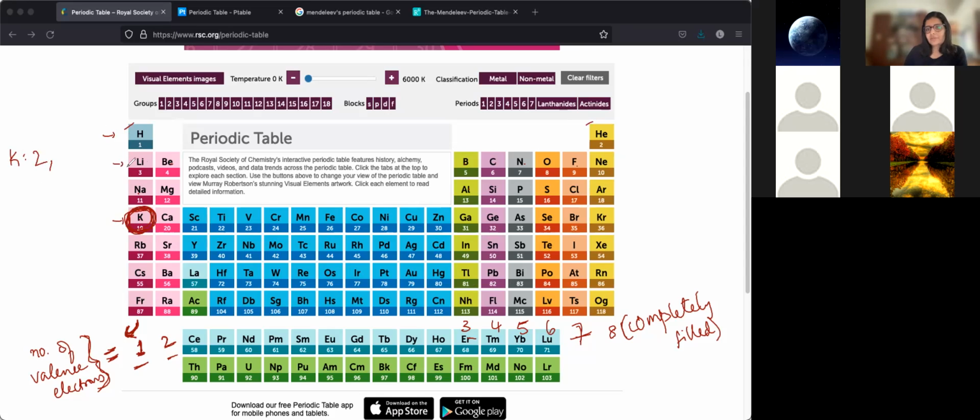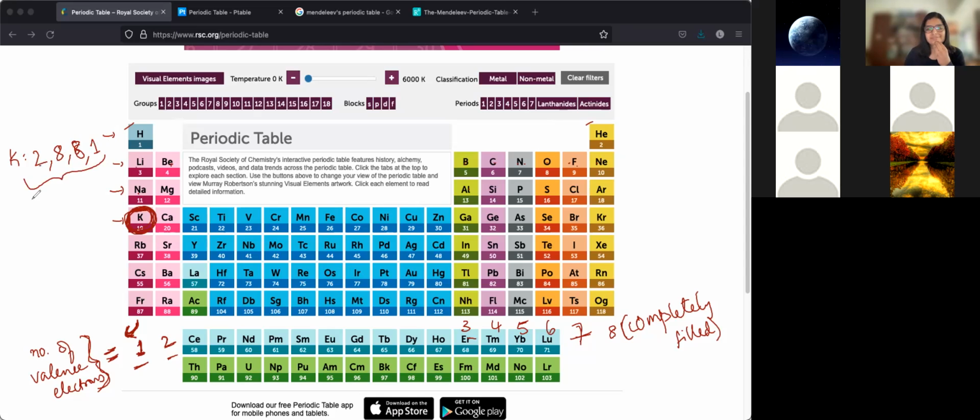Then in the second period, how many elements in total do I need to go through? 8, that is 1, 2, 3, 4, 5, 6, 7, 8. Then potassium is here, so before it, in the third period, how many elements do I need to go through? 8. Then in the fourth period, how many elements should I count to get to potassium? 1. So this is the electronic configuration for potassium, 2, 8, 8, 1.